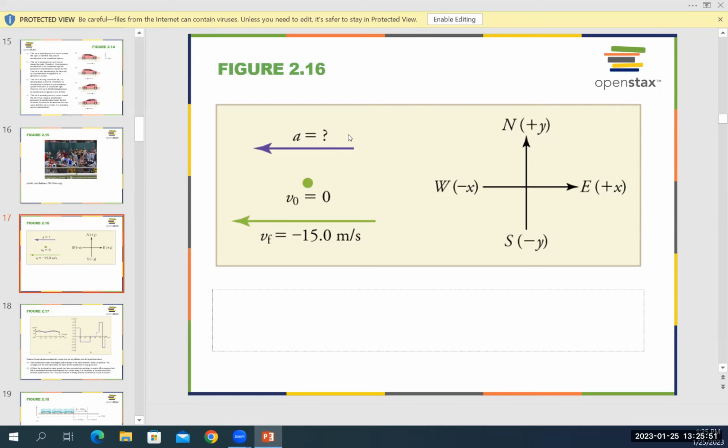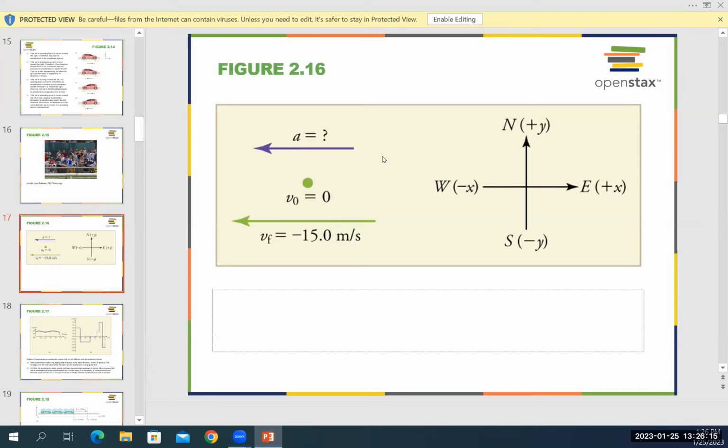So what's the acceleration that we're experiencing? Well, you do delta V over delta T. That's acceleration, right? So if we have delta V over delta T, our delta V is final minus initial. So -15 minus 0 still gives us a -15 meters per second.